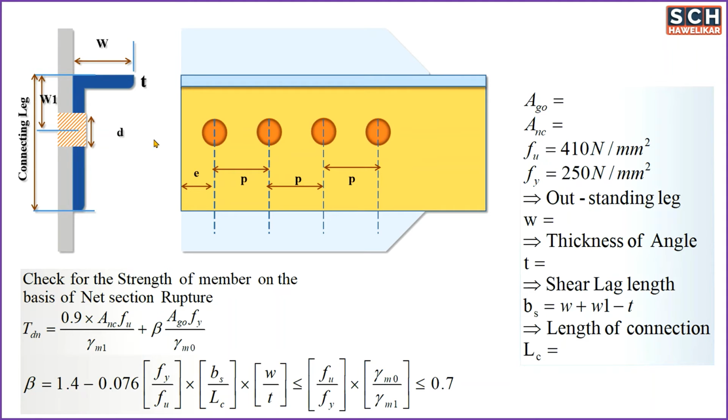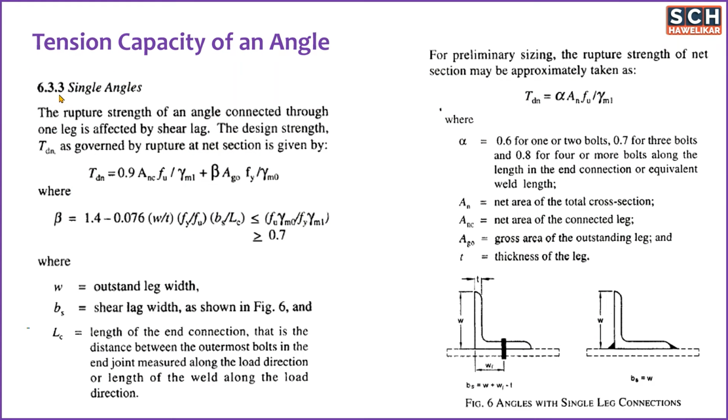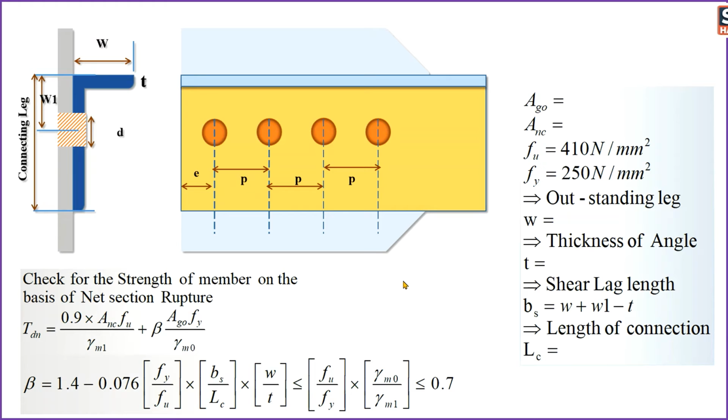After considering the dimensions or specifications given in the IS code, that is clause number 6.3.3, we can draw this diagram. Here W will be the outstanding leg.